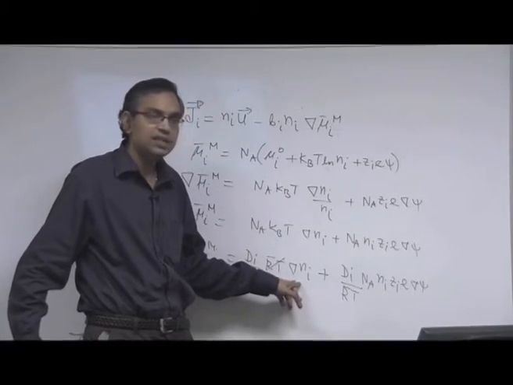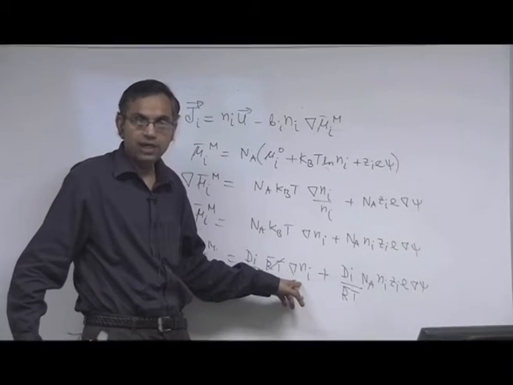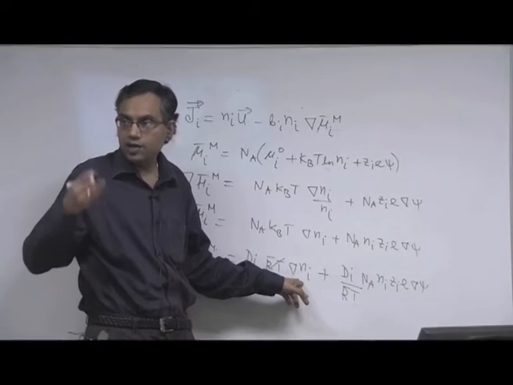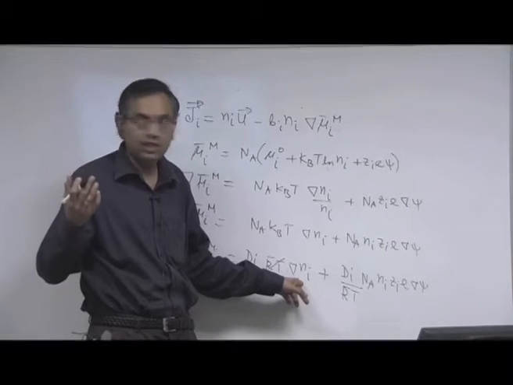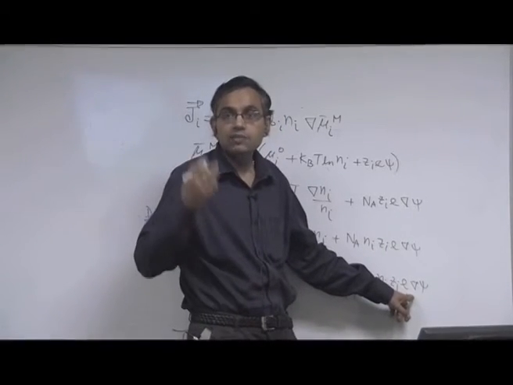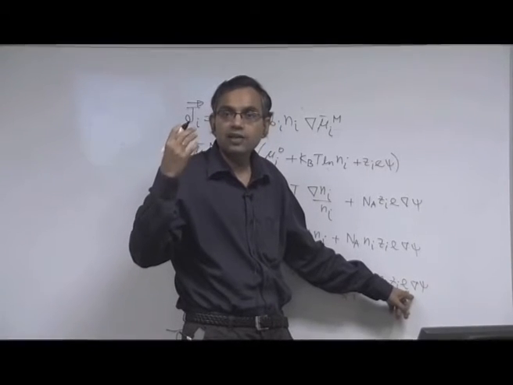So this is just like the Fick's law of diffusion. This flux is just like the Fick's law of diffusion, because ions after all are chemical species, but this additional term is because of the electrical potential, and that is because the ions have charges.